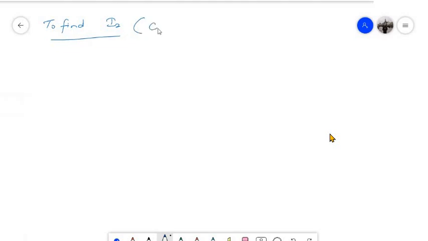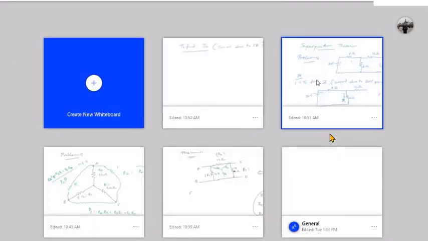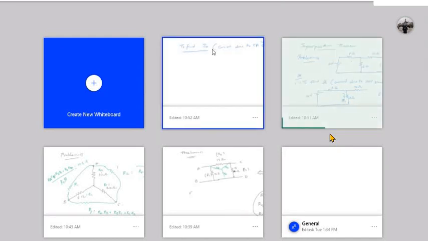So what is this I2? This is the current due to the 5 ampere independent current source. Now when I redraw the circuit, let me take a look at the circuit which I have drawn previously.